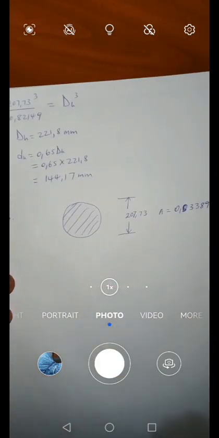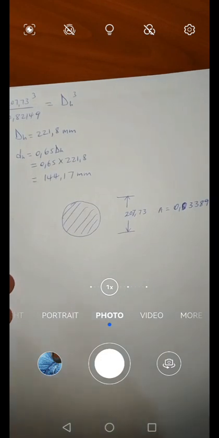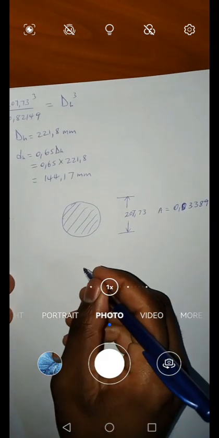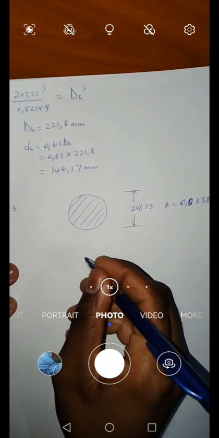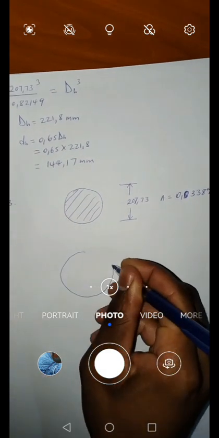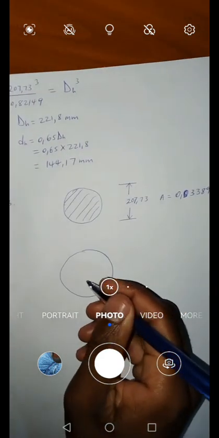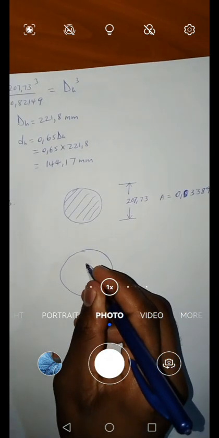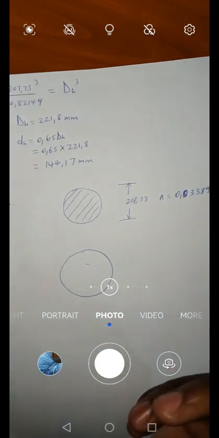Then from there we had what? We had the hollow shaft that we're going to replace this with. Then we found what those dimensions, 144.